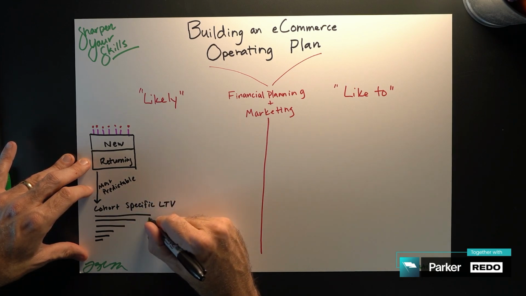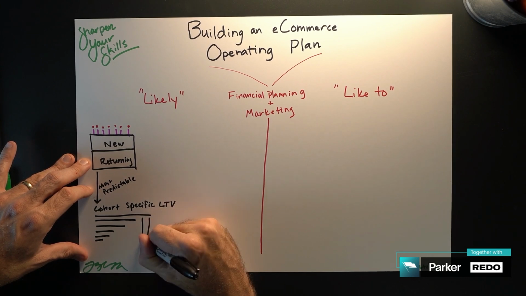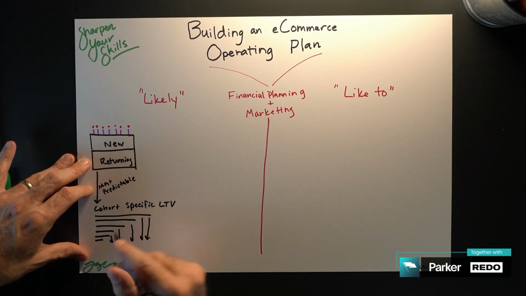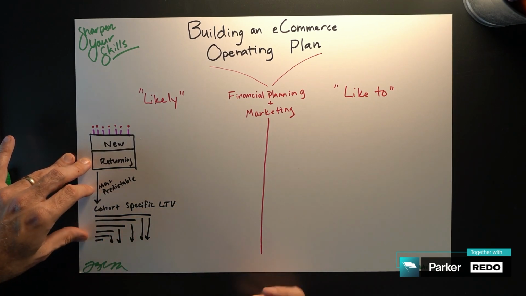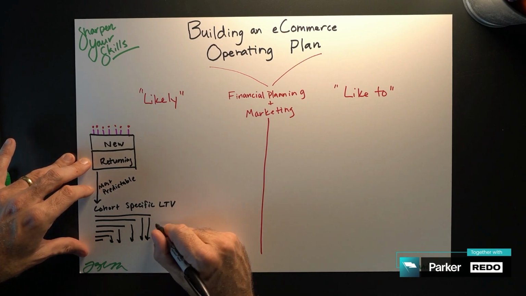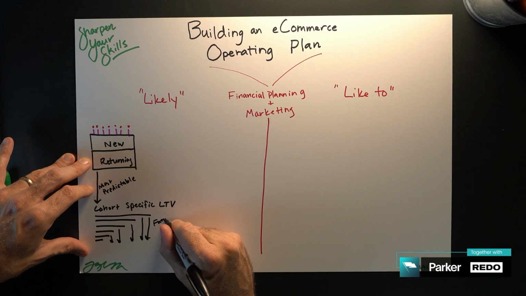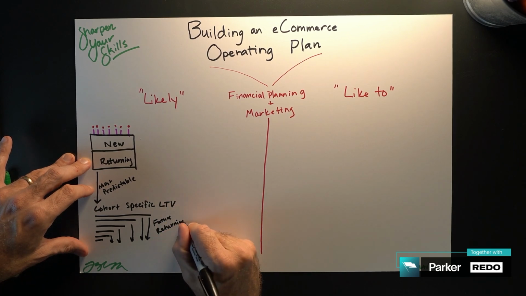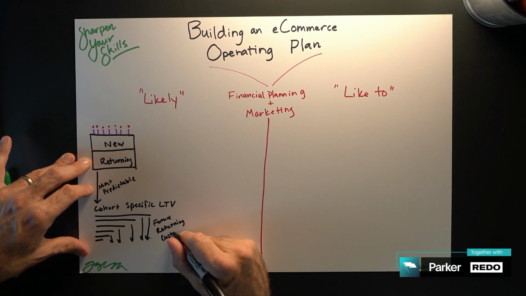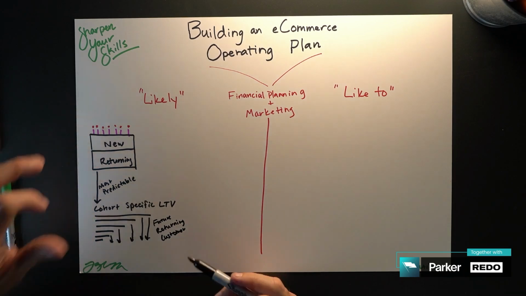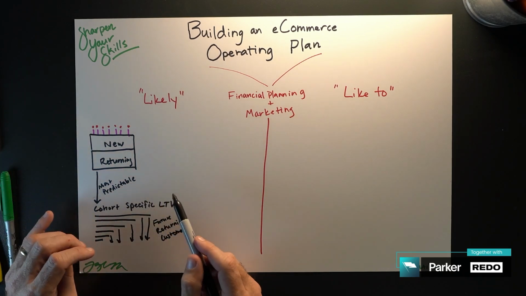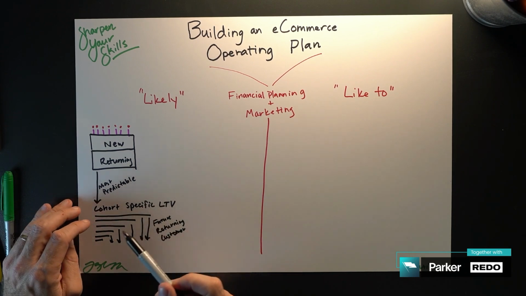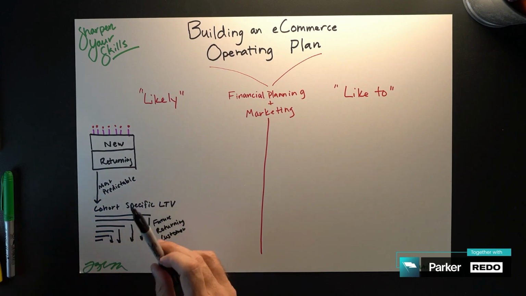And what you can do is sum the future expectations of all of these cohorts of customers based on the modeled average of month 1 versus month 2 versus month 3 to give you future returning customer revenue. If you export this chart out of your Shopify dashboard and average the growth by month, you'll get a trend line that can help you predict the future value of each cohort.